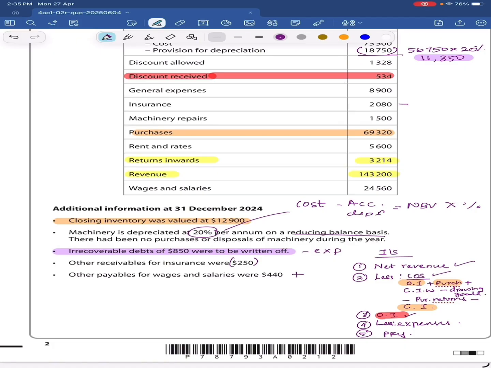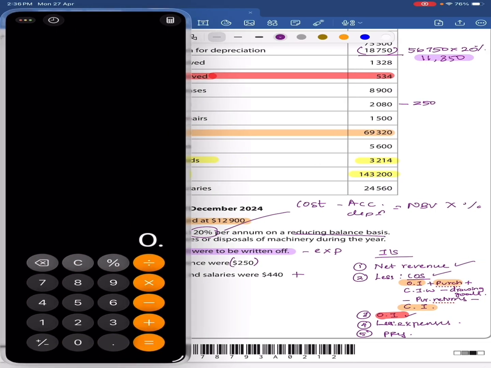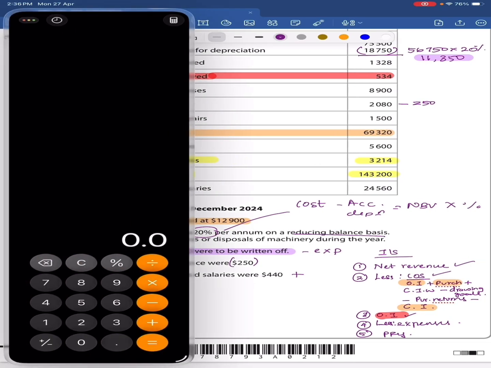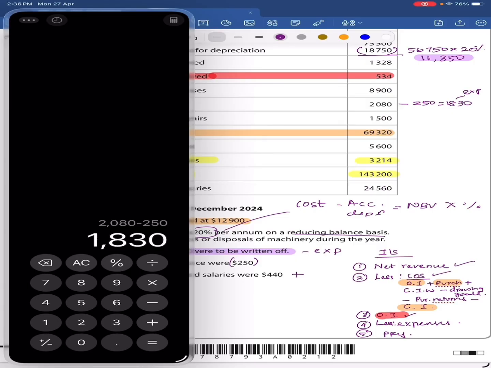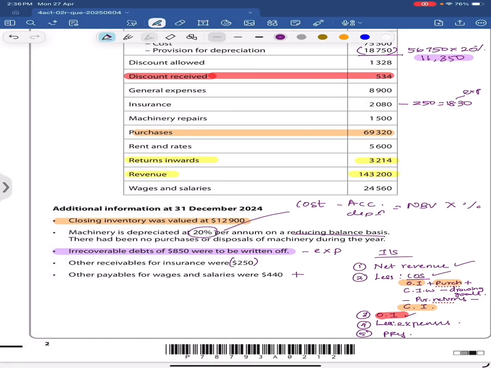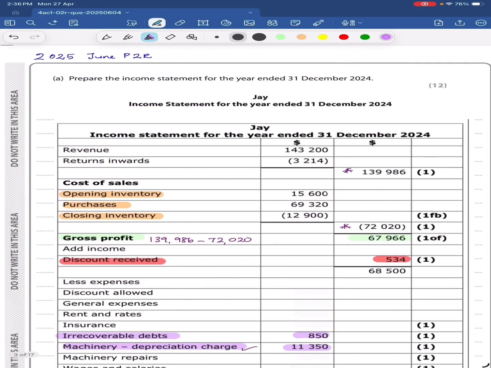From this, we take away 250. Therefore, 2080 take away 250 should give you 1,830. This should be written under expenses. So let's list that, which is insurance 1830.